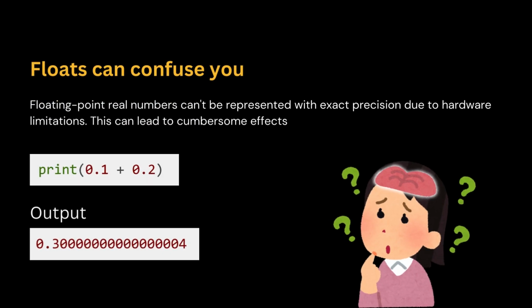Floats can confuse you. Floating point numbers in programming languages like Python can sometimes lead to unexpected results due to the way computers store and represent them. This is because of limitations in hardware precision. For example, when you add 0.1 and 0.2 in Python, you might expect to get 0.3.